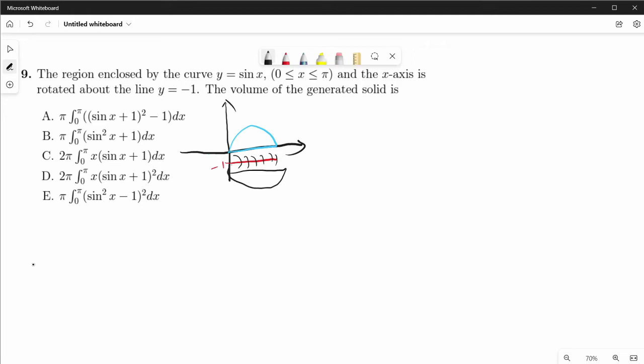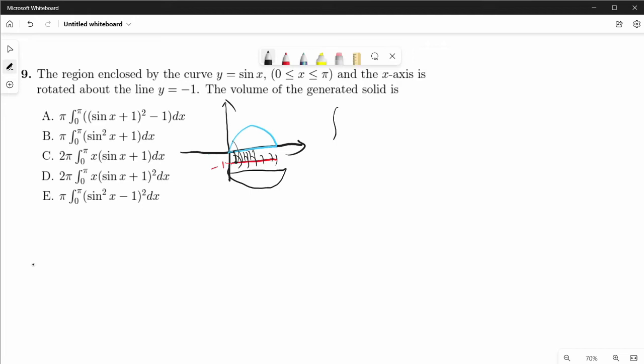So with this, we can use the washer method. You can see that the distance between this point and the revolution line is from the top equation down to -1, and the x-axis, which is y equal to 0 to -1.